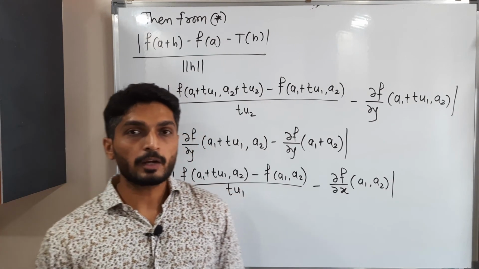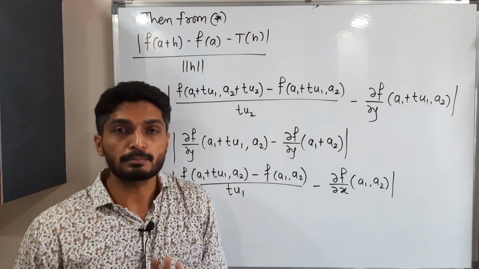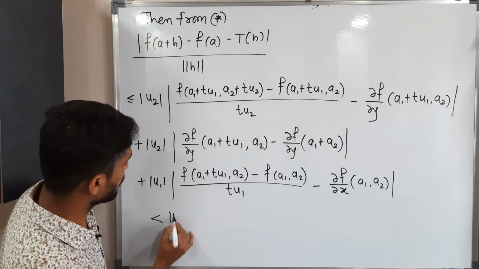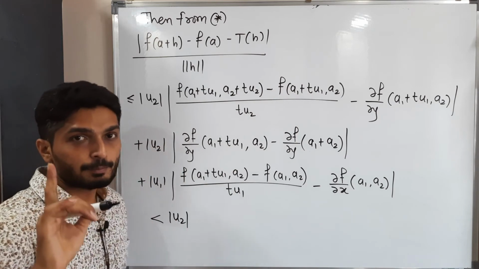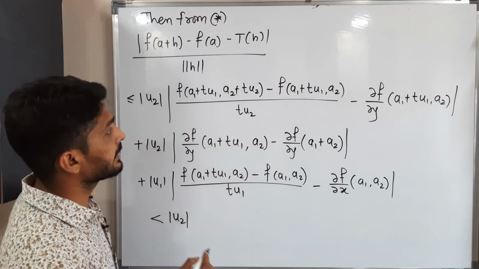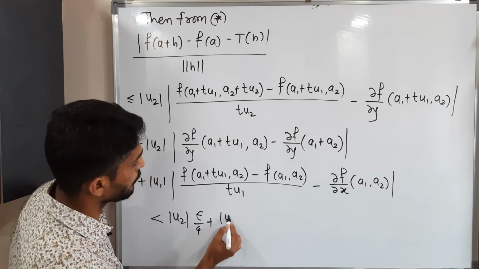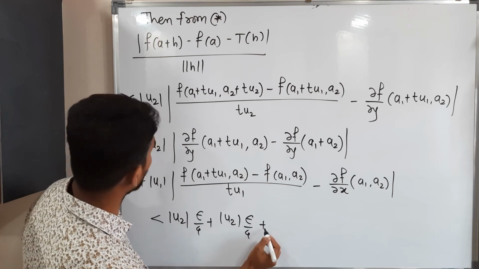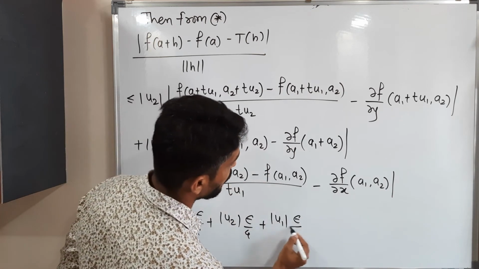From star we can write this. In star we have already proved all these things; I simply wrote them here again. This first term is less than mod u2 times epsilon by 4, from statements 1, 2 and 3. The second mod is less than epsilon by 4 times mod u1, and the third is less than epsilon by 2.